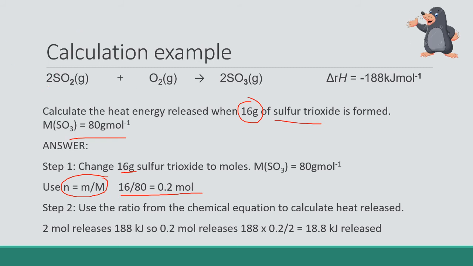The chemical equation says that when 2 moles of sulfur trioxide are released, it means that 188 kilojoules are released. So when 0.2 moles is released, it's only 18.8 kilojoules released.